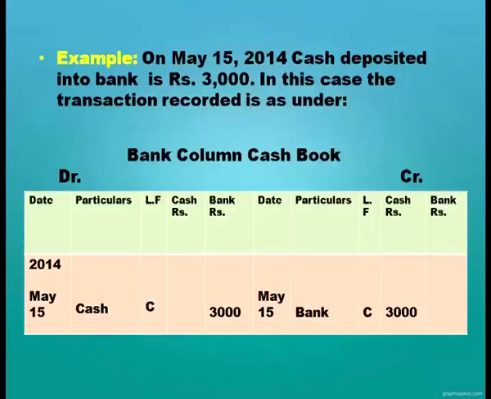The entry will be bank account debit to cash when money is deposited in the bank. So, in the cash account you will post "By bank" on the credit side. So, this amount column is of which account? Cash amount column. That is why I am posting in the double column cash book "By bank" and I am writing in the cash column.